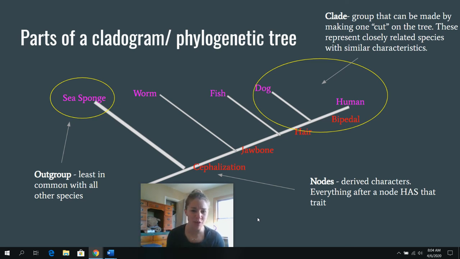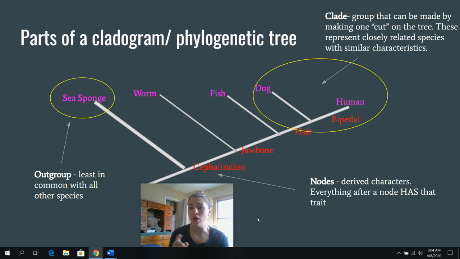It's the black sheep of the whole family, but we use it as our base. A sea sponge is the simplest thing that we consider an animal, so we're going to use that as our start. It's like our primer. And if we see back on the very first slide, the zebrafish was our out group. That was the one that had the least in common with everything else, but that's our starter point.